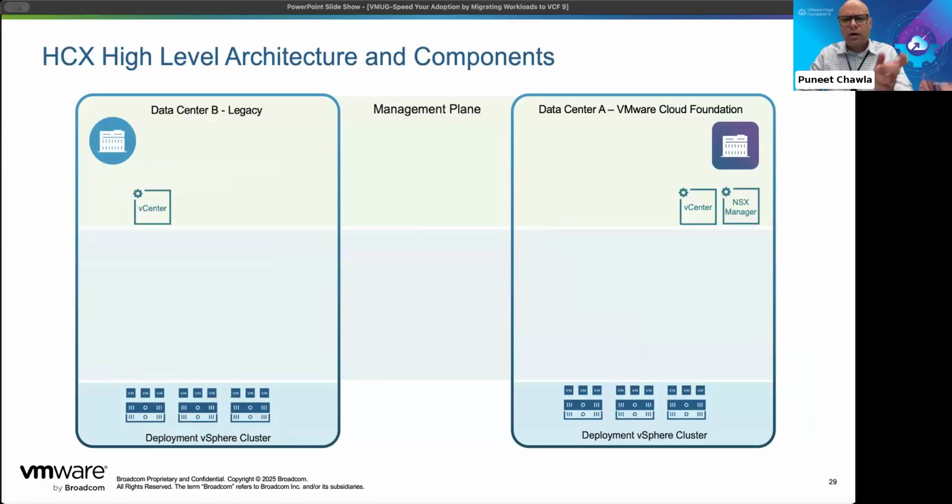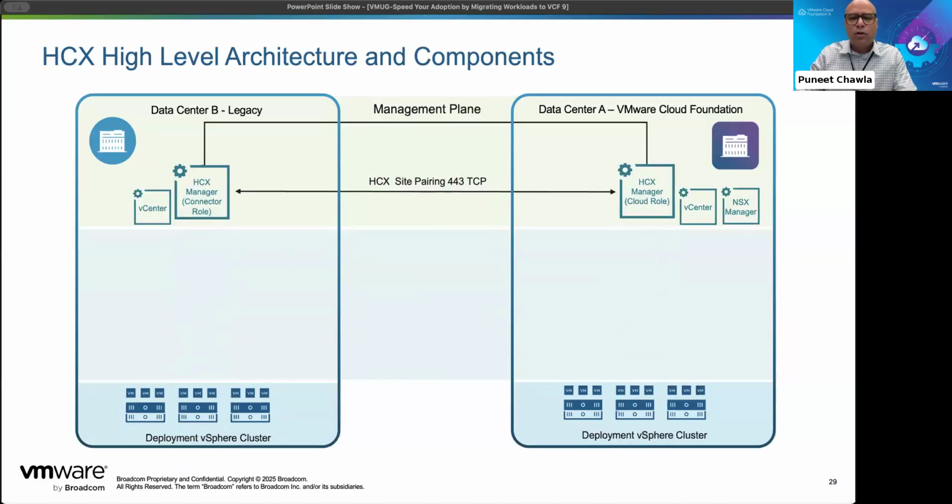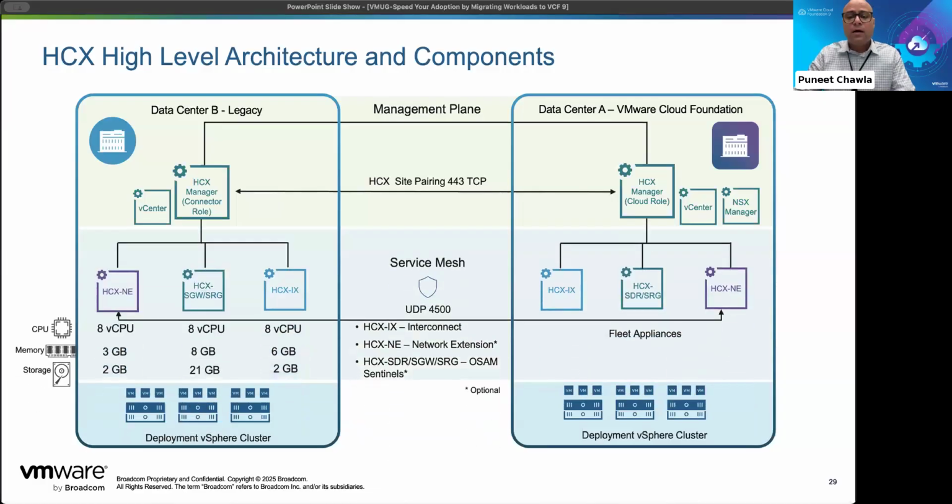Quick overview of the architecture of HCX. In here we have side A and B. Side A is the VCF, side B might be just running vCenter. And all you have to do is deploy an HCX manager in 9.0 or 9.0.1, the latest or current release. This deployment is manual, so it's a virtual appliance, a virtual machine you deploy by yourself. And once that is done, there are other appliances that get deployed automatically by the HCX manager.